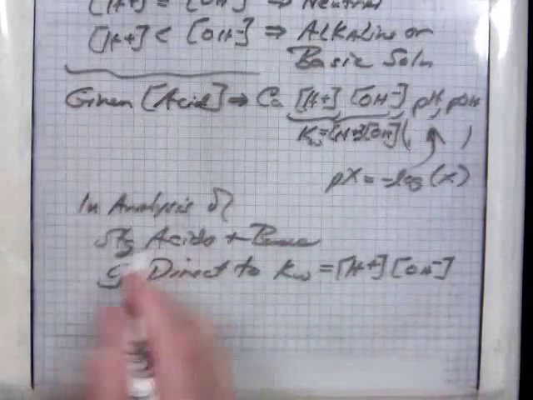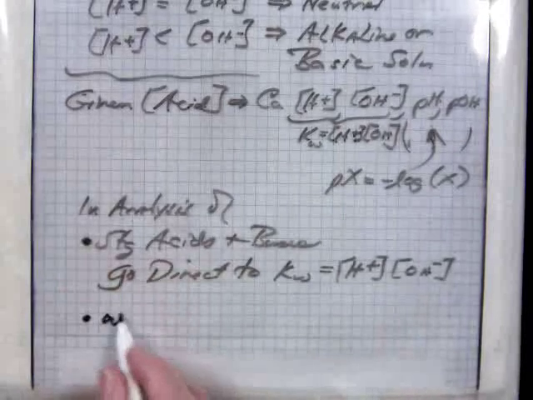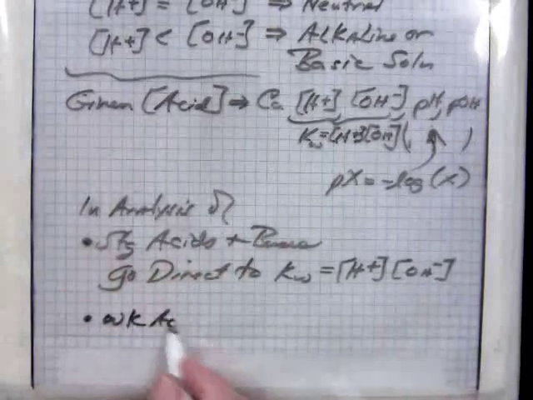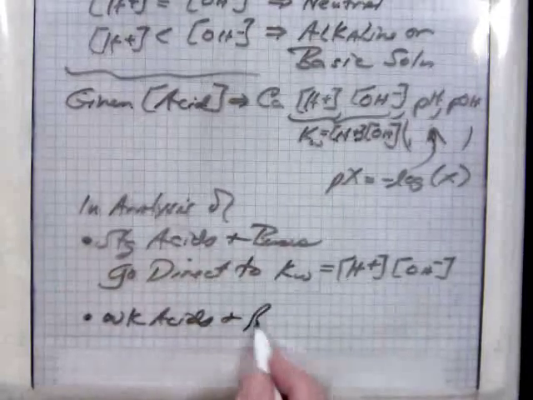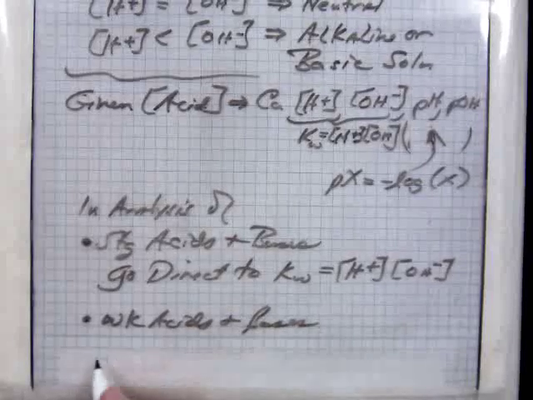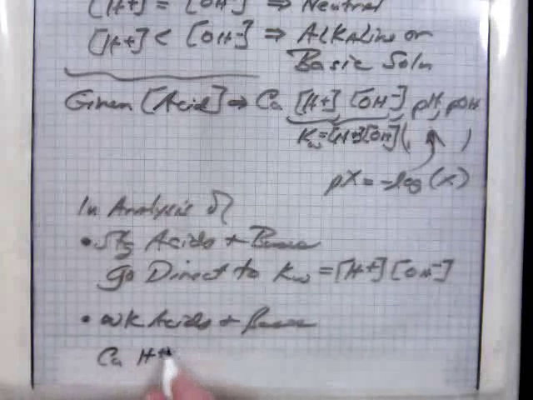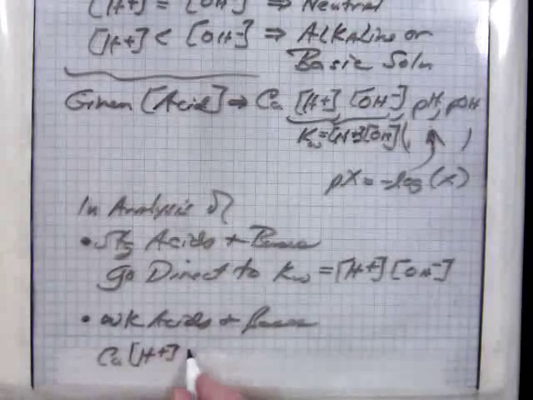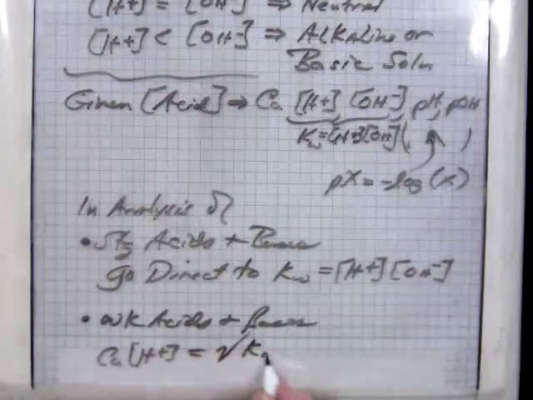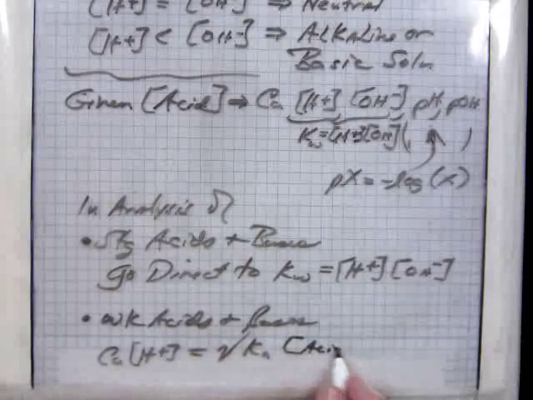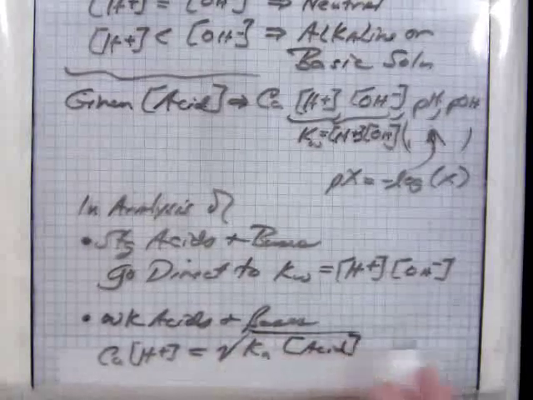But in the analysis of weak acids and bases, you first have to calculate the hydronium ion if it's an acid, using the square root of Ka times the acid concentration. That's step one.